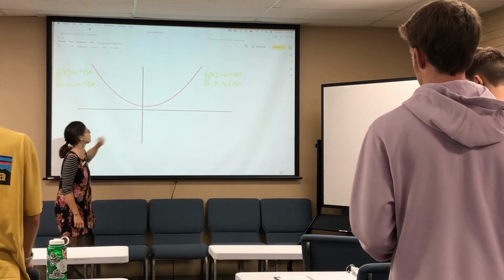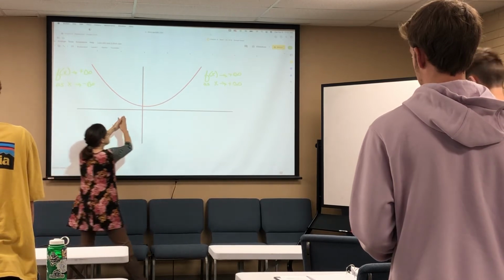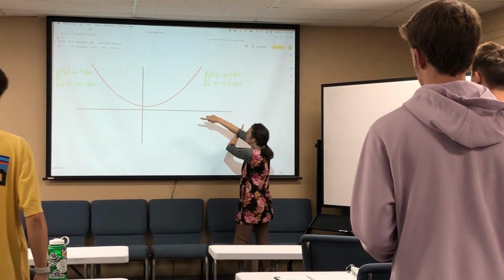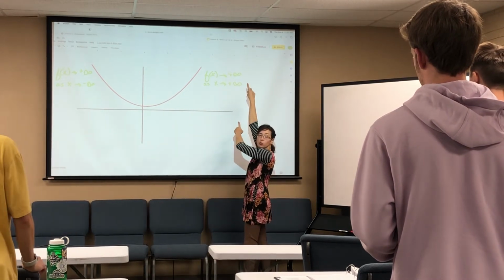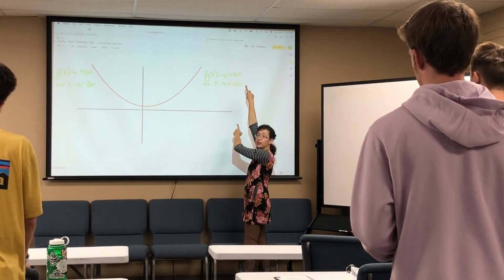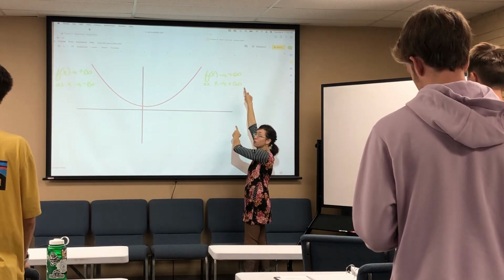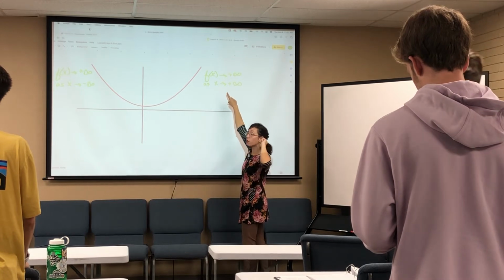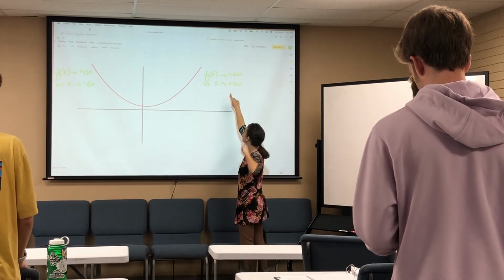If I have this parabola, as my line moves towards positive x's, my graph is going towards what? Positive y's or negative y's? Positive y's. So it could be written as f of x, which is another name for y. Good job.